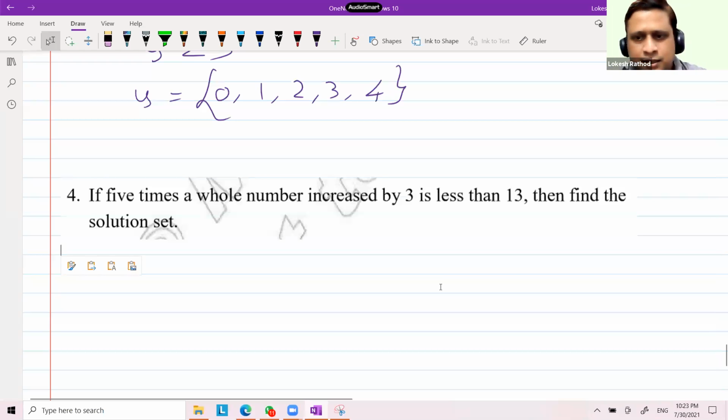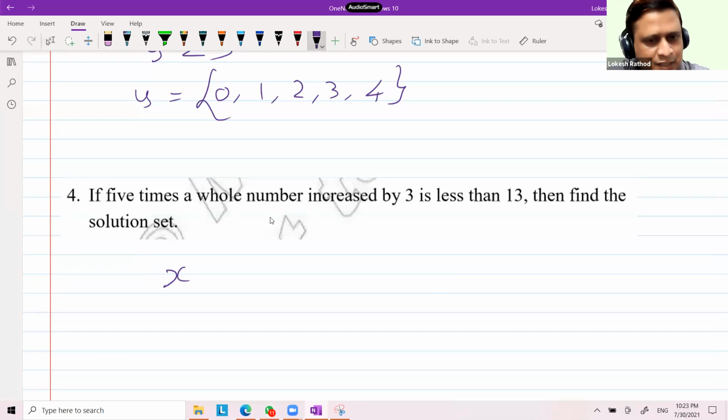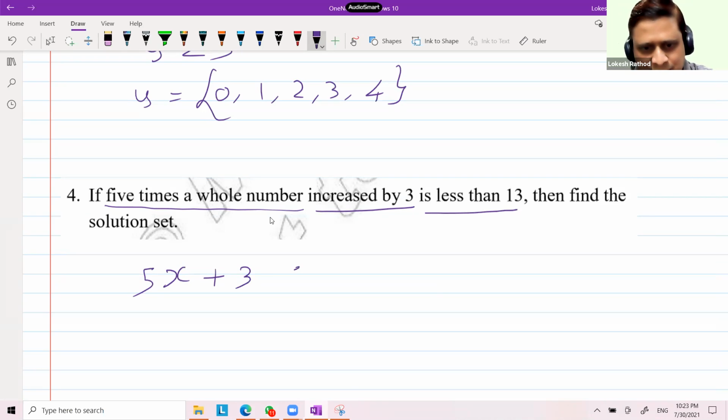What does it say? That if 5 times a whole number, so there is a number, say the number is x. 5 times a whole number means 5x. So I've used 5x. Increased by 3. So I'm increasing this 5x by 3. Now, it is less than 13. Find the solution set. That's it. I just need to solve this inequality, right?